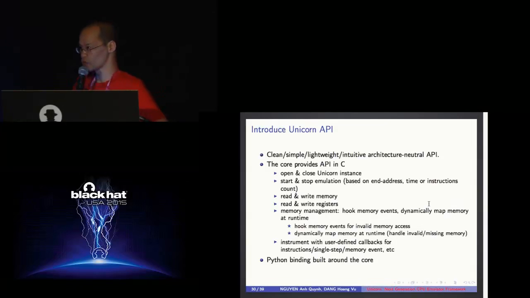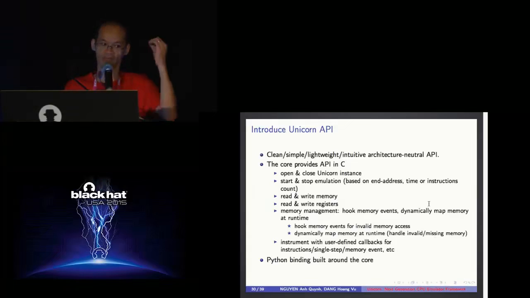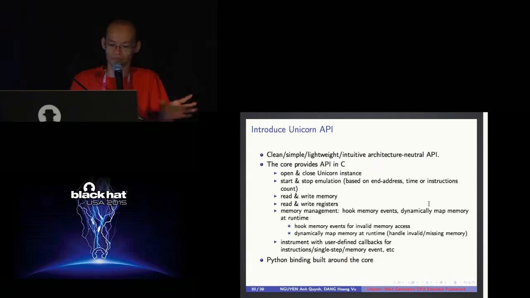You can start and stop emulation. You can start emulation and run until it hits some instruction, until some amount of time has passed, or until a certain number of instructions is hit.